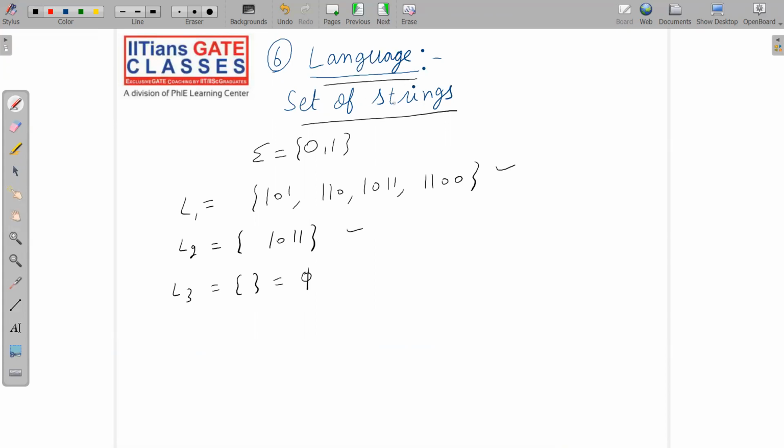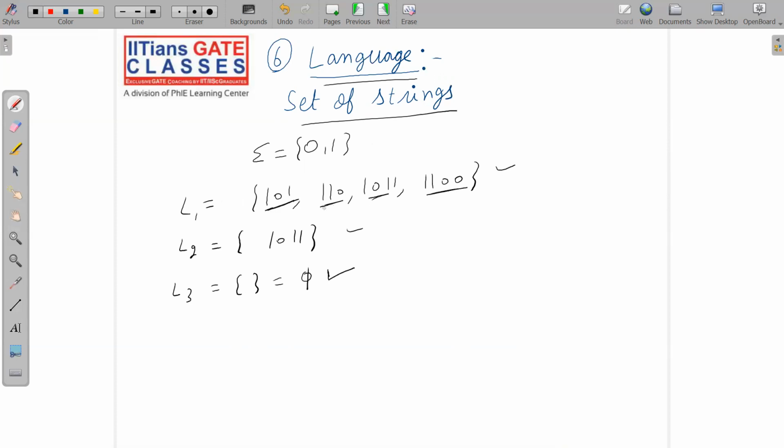Language is nothing but a set of strings, and you know what a set is. If we have a set in which we do not have even a single element, then that is nothing but the empty set, represented by phi. A set is a collection of something, and the elements of this set in L1 are these 4 strings.